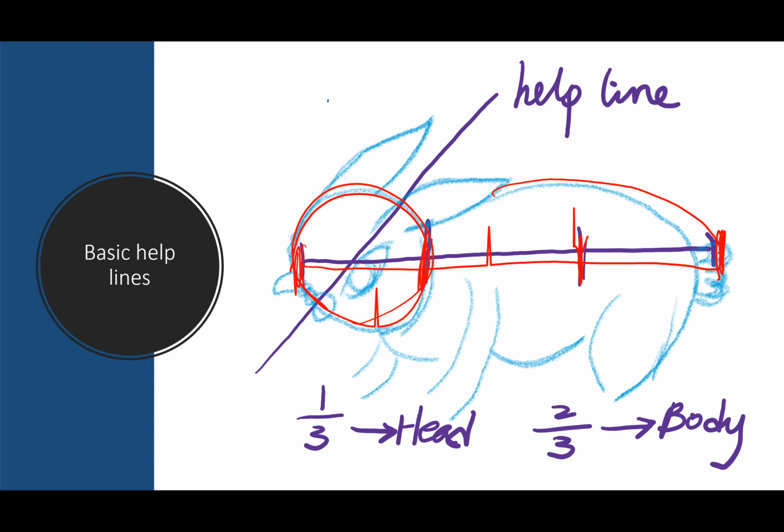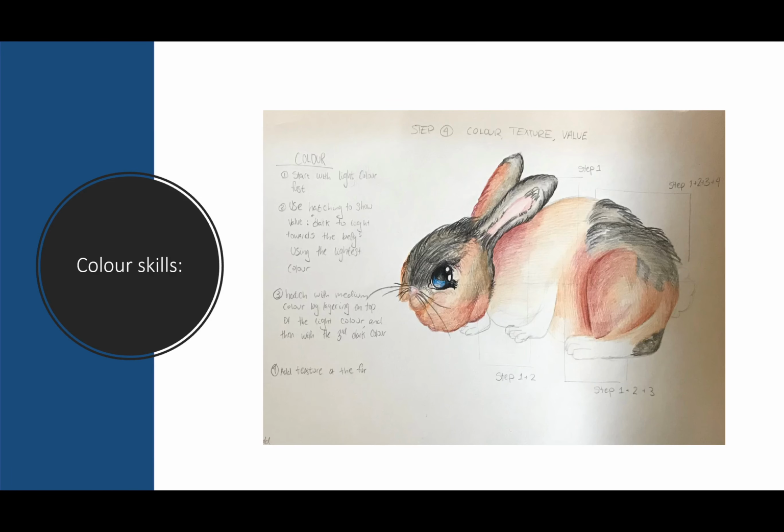The oval is two circles together. As well, we have this help line. This shows the direction of where the eye will go and the ears. It also separates the circle head in half, where the eye should be.